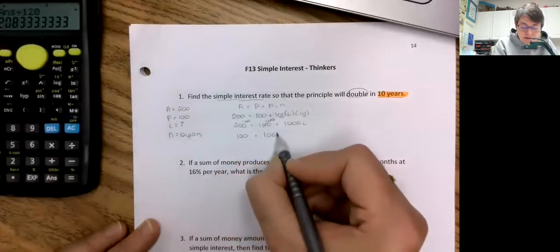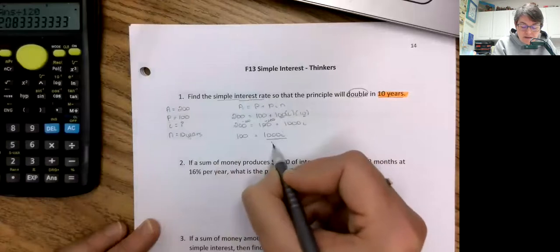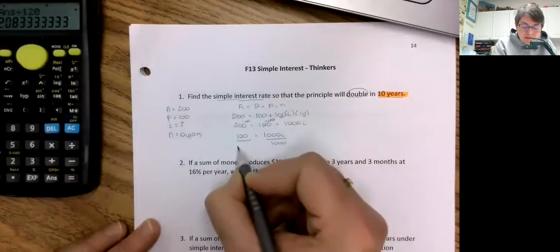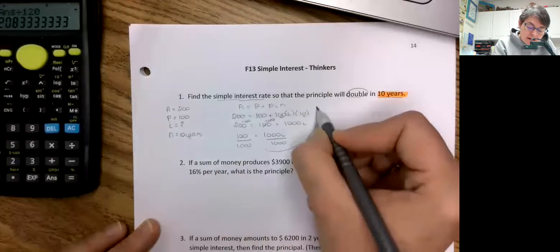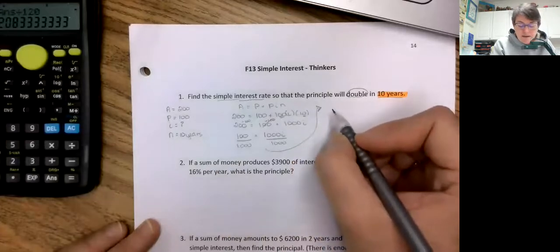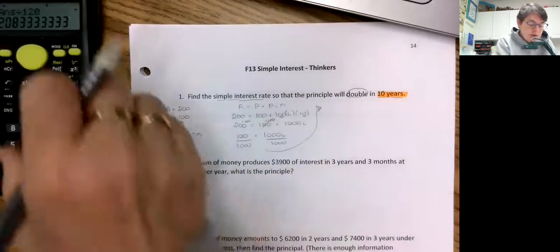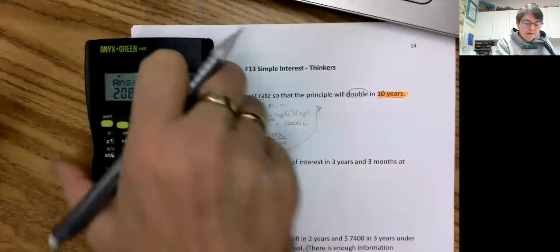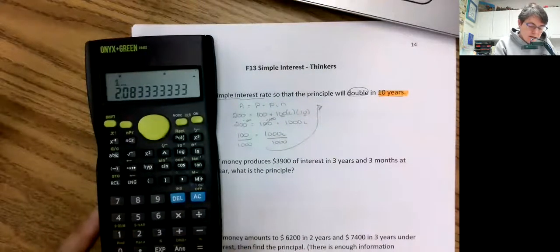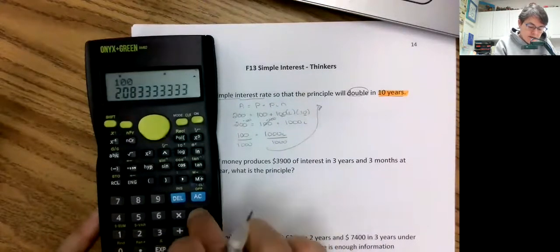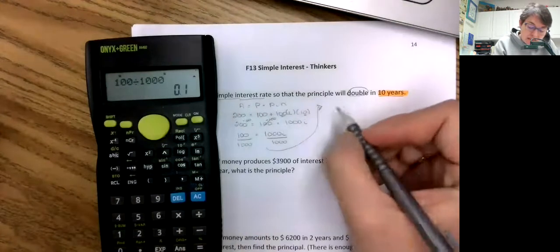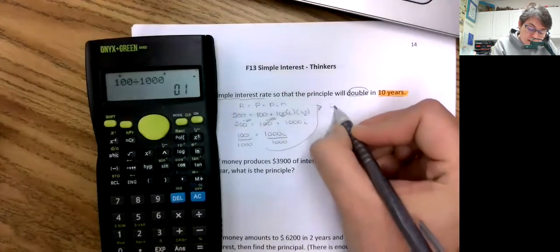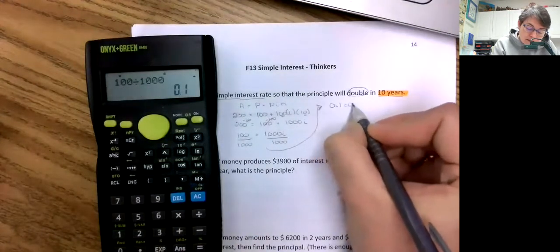Just 1,000 I, divided by 1,000. And 100 divided by 1,000 should be 0.1, but I want to check. Okay, I can't believe I just did it on my calculator. Okay, so 0.1 is equal to I.